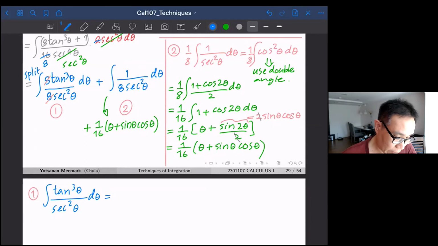For this one, you try to use the technique that we studied, and you see pretty clearly that this is an odd power of tan. When you have an odd power of tan, you need sec theta tan theta d theta.